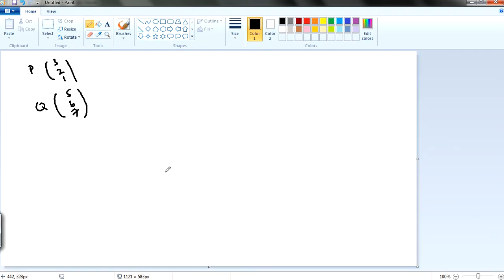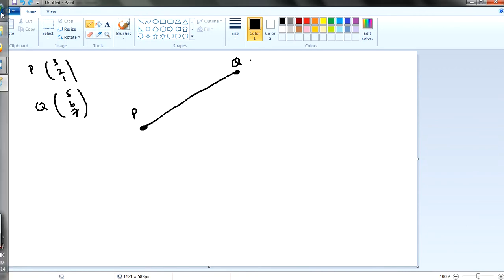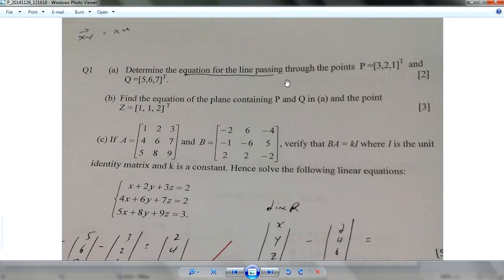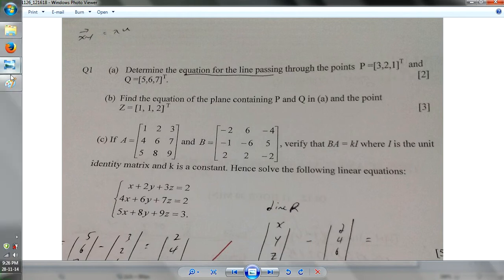Okay, and then you have to find the equation for P and Q. So the equation that can represent any point on P and Q, maybe you want to represent at this point, or whatever it is. Okay, so that's to determine the equation of the line passing through the points P and Q.